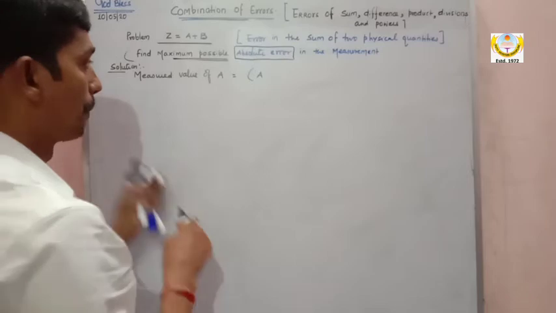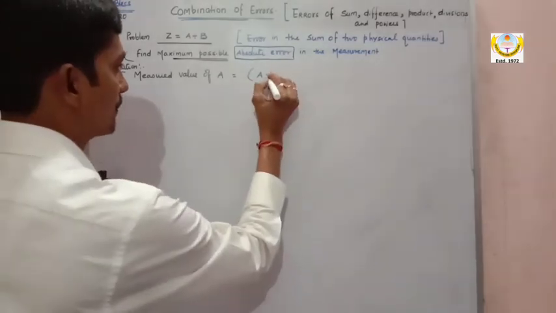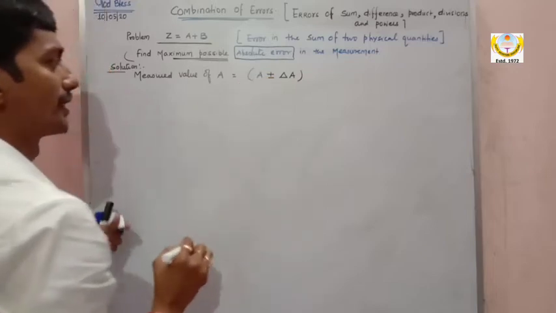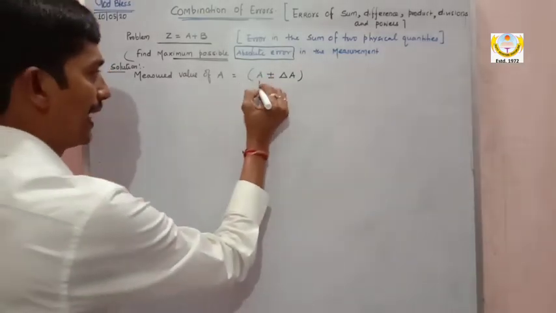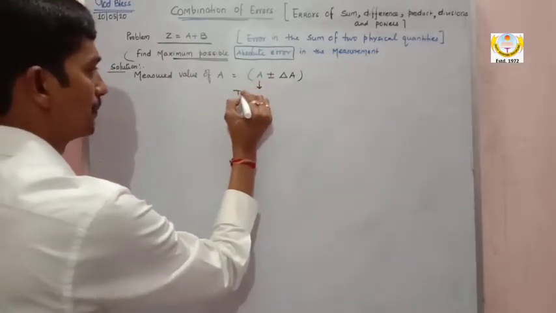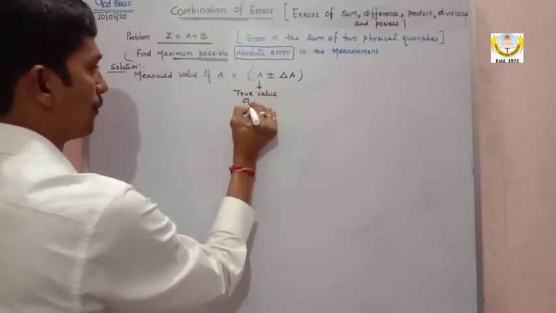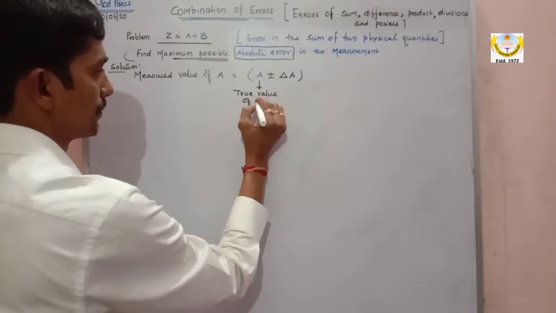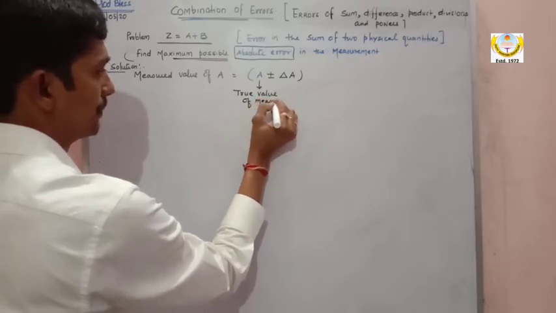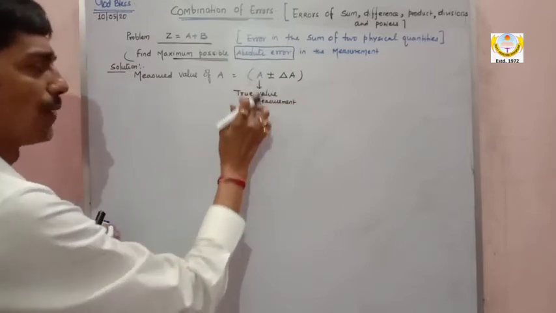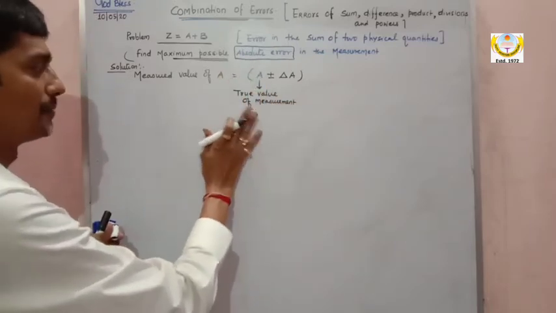this is a plus minus delta a. Try to understand here, what is a? A is the true value of the measurement, my dear.